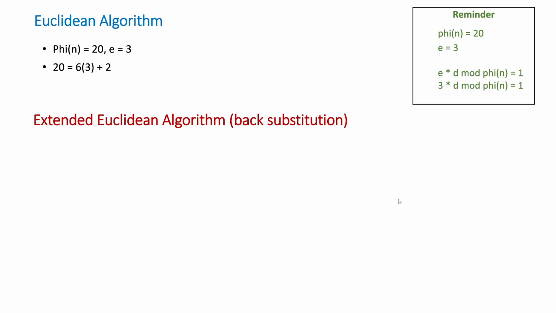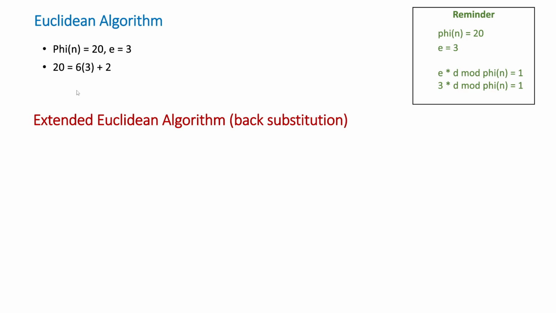So I want to take my value for phi n, which is 20, put it on the left-hand side, and we've got 20 equals, and then we want to take our value for e. We want to think about how many times our value for e goes into our value for phi n. So how many times does 3 go into 20?